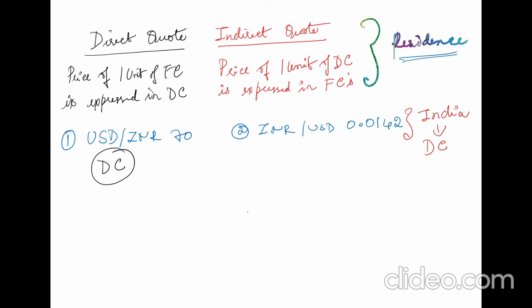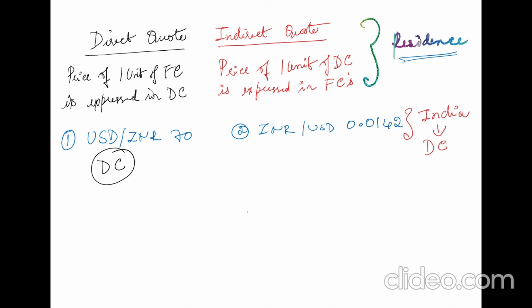Let's come to the second quote here. In the second quote, INR is in the base position, USD is in the quote position. The second quote is just the reciprocal of the first quote. They are interchangeable. It just depends on how you see a particular quote.